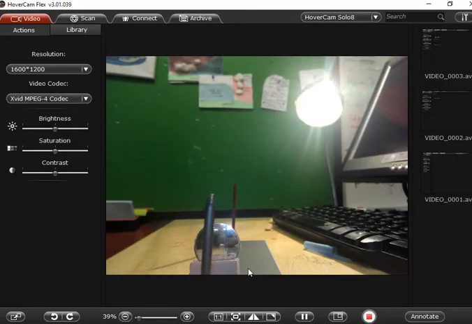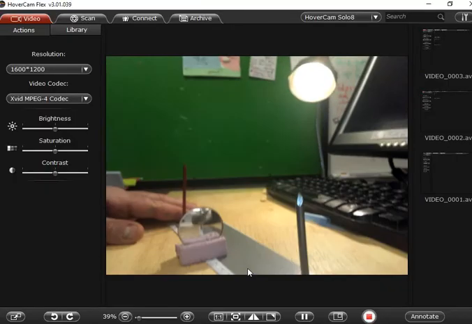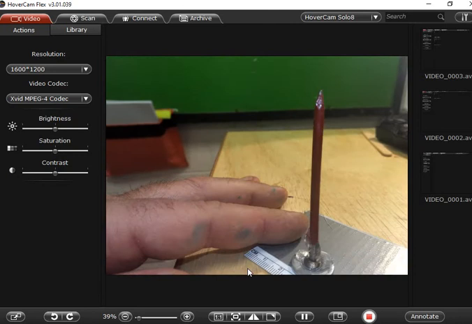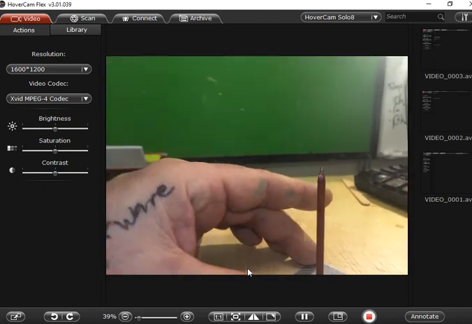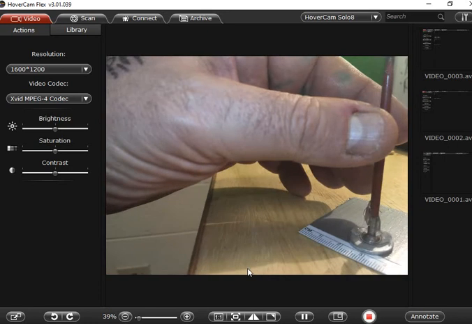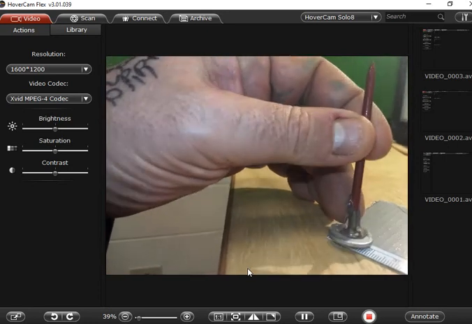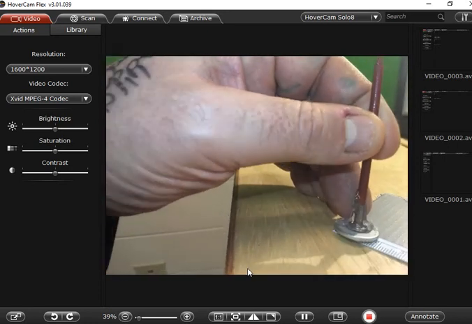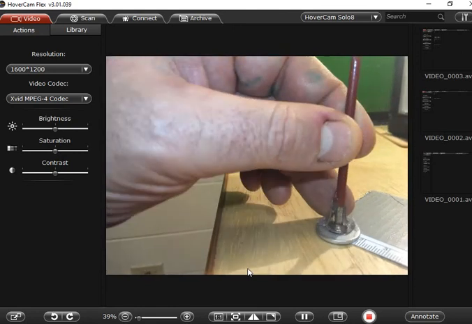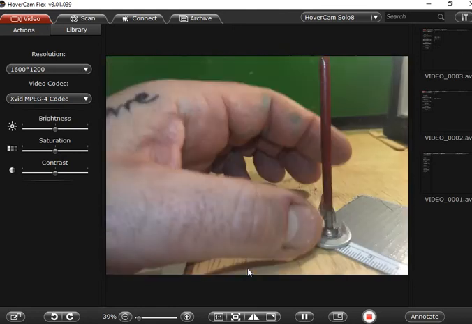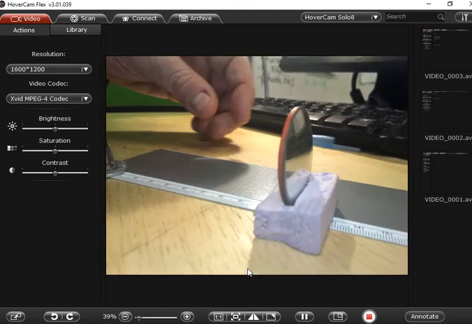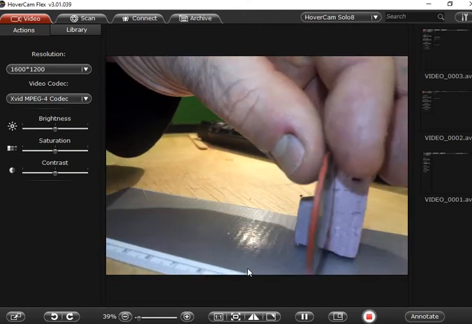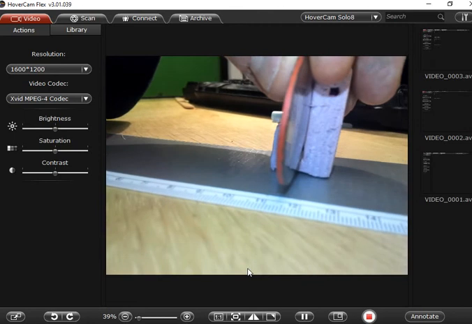Okay, so here we have the general situation. We have a ruler here, and we have a red nail at the 1 centimeter mark. The head of the nail is right at the 1. We have the mirror here, so that the front edge of the mirror is right at the 12.